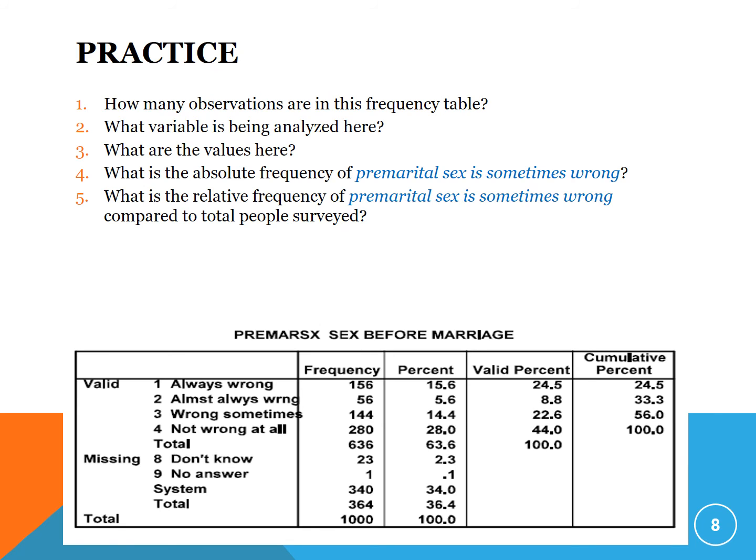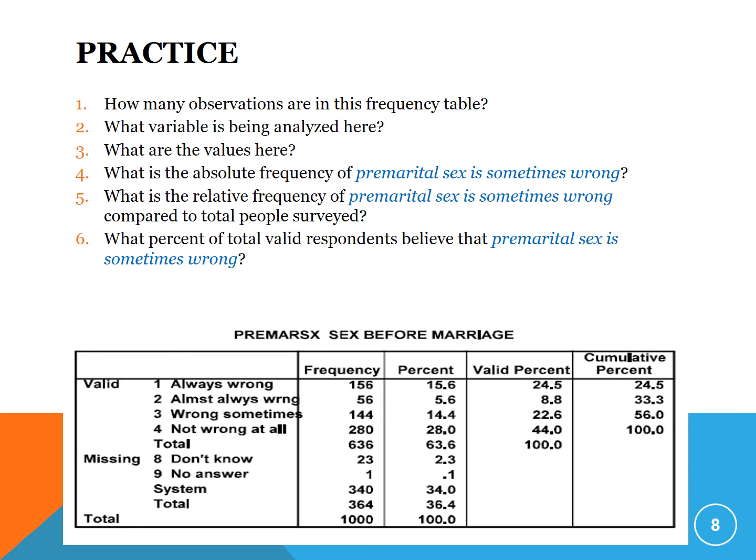It's saying compared to the total number of people that we actually tried to survey. So that is not our valid responses. That is our regular percentage. That percentage would be, again, that 3 value. We go over and we see it's 14.4, because it's 144 divided by 1,000.